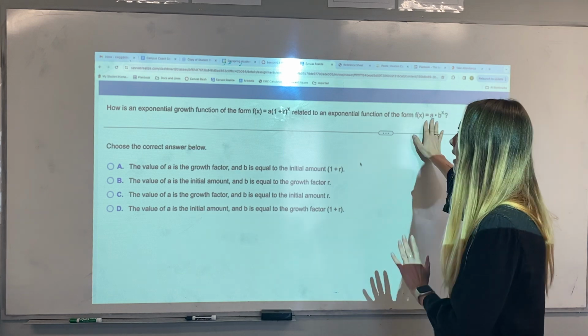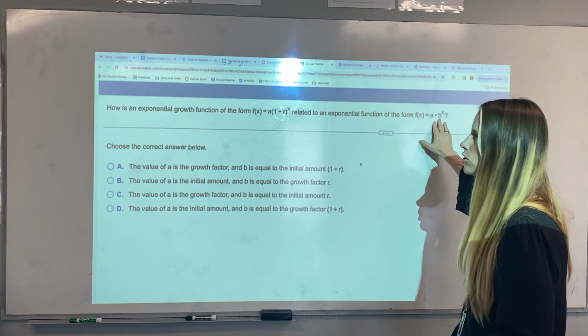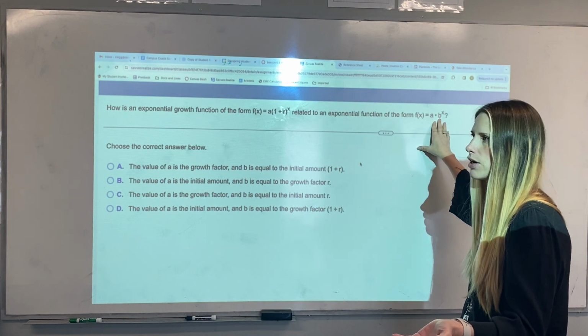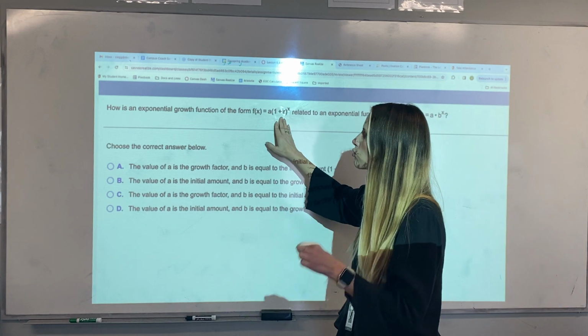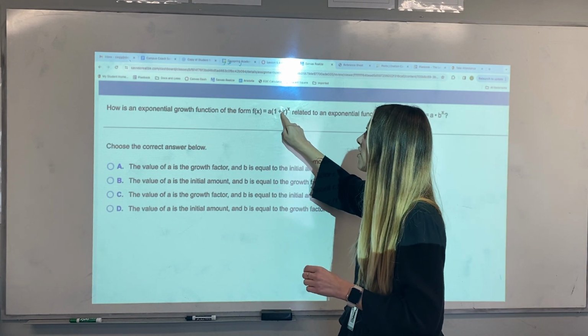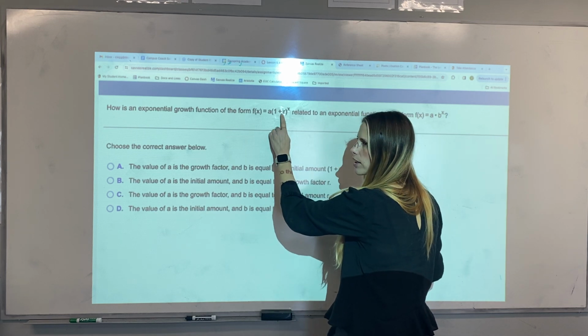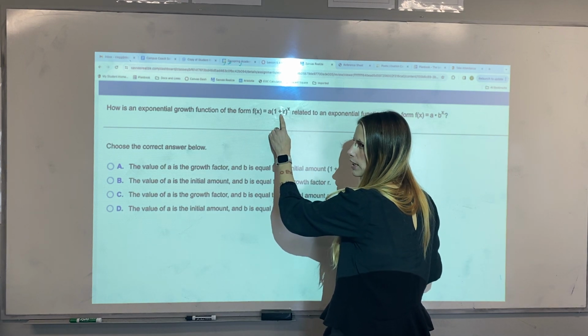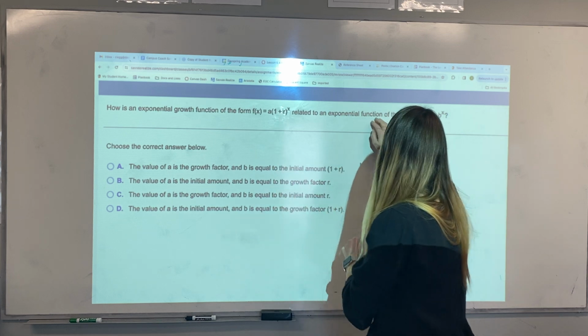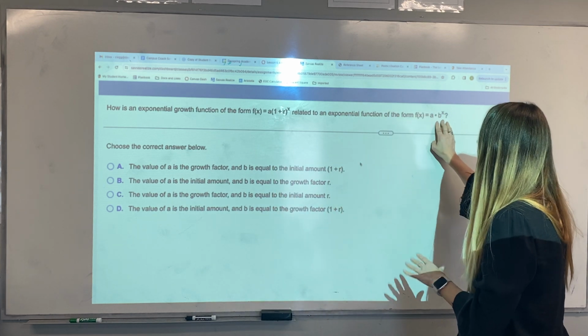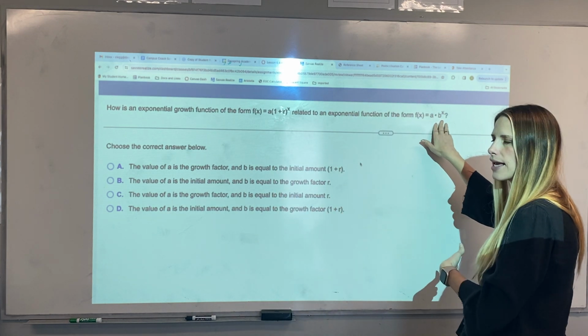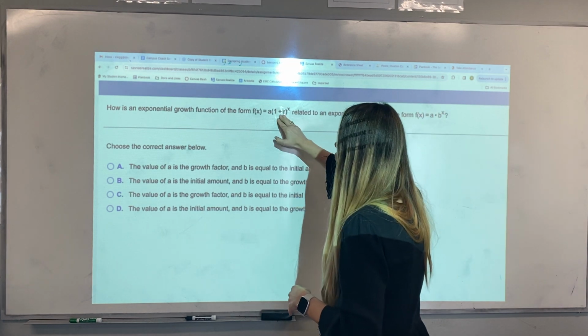But in the basic exponential function form, we just call it the constant ratio. With an exponential growth function, we're very specifically having the plus r, because we're adding the rate because we're saying it's growing. This exponential function technically is for growth and decay. This one is specifically for growth.